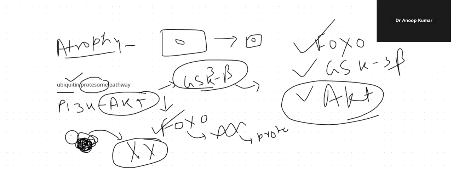So that is your atrophy, right? Protein degradation and shrinkage of your cell. This is another mechanism. Now there is metaplasia, which is another cellular adaptation.